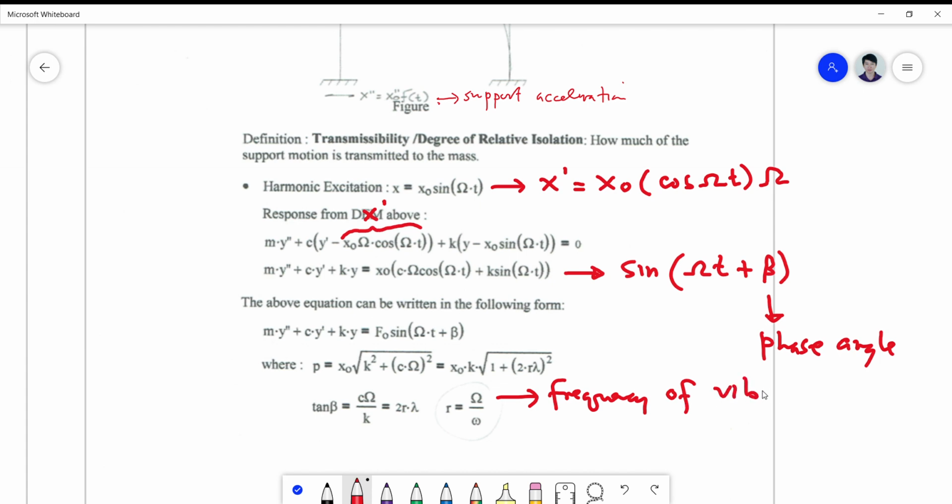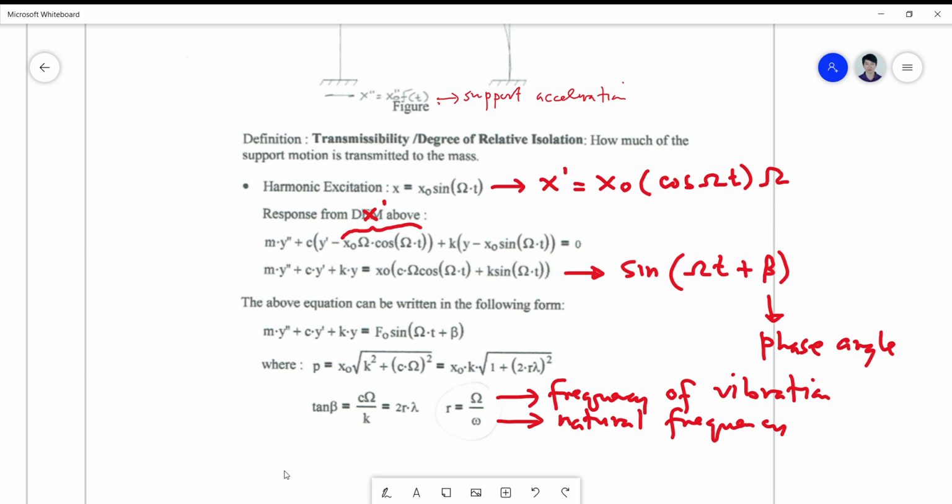If this is an earthquake problem, this is the frequency of the ground shaking. And this is the natural frequency, so don't be confused with these two. The natural frequency is inherent in the system, while the frequency of motion or vibration is a given frequency of shaking. In your reference, there is a more detailed explanation on how these parameters were derived one from the other.